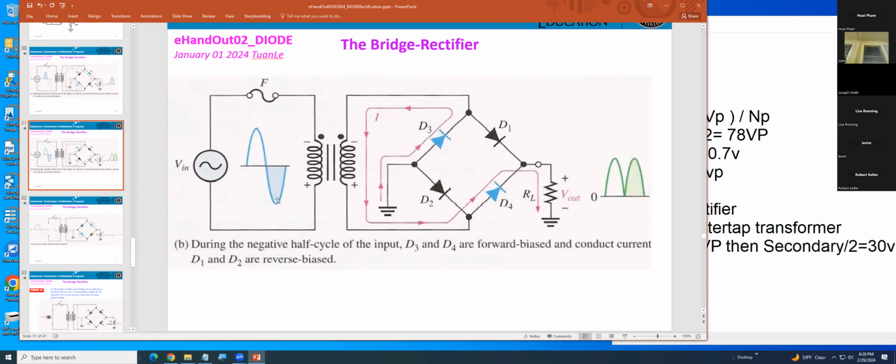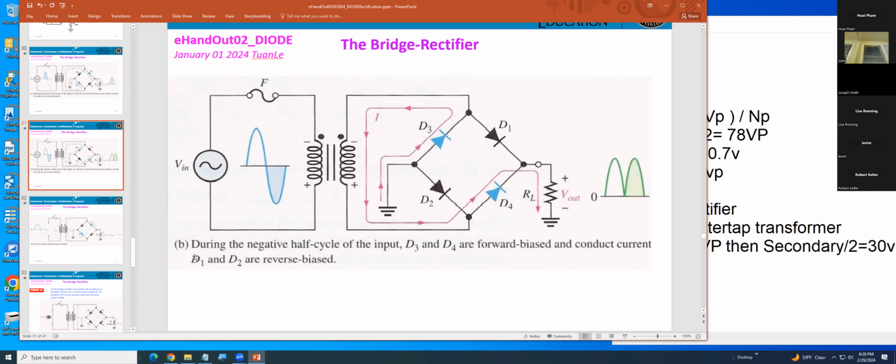If a negative part here, then this is a negative and this will be positive. The thing is this is negative, this is a positive, so that's why you get another part.